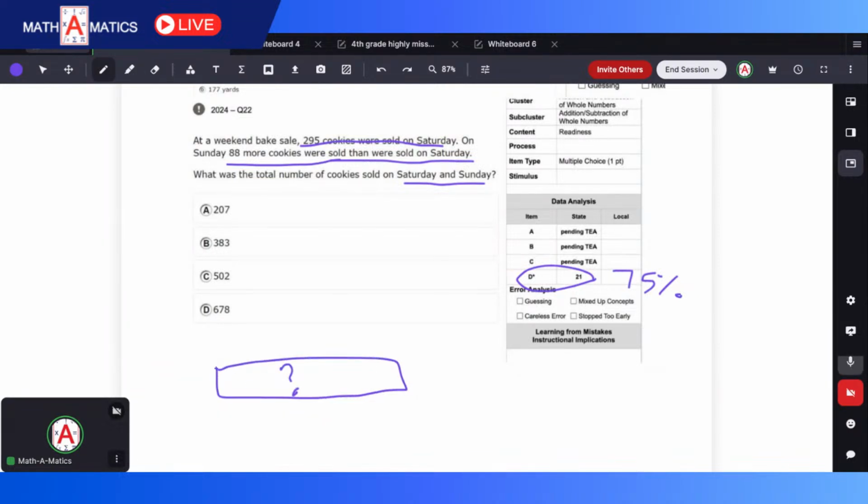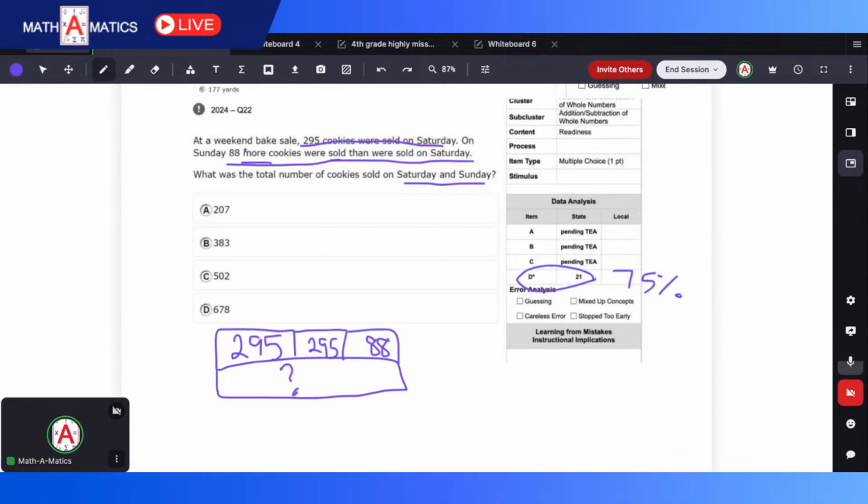We know that Saturday, we had 295. We know that Sunday, we had 295, plus we had 88 more.